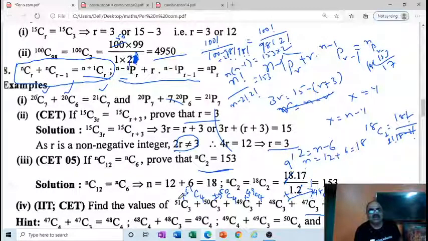For the last term, again the same thing, NCR and NCR minus 1 addition. It is 52C4. See your answer. When we looked at this sum, it looked so complicated.